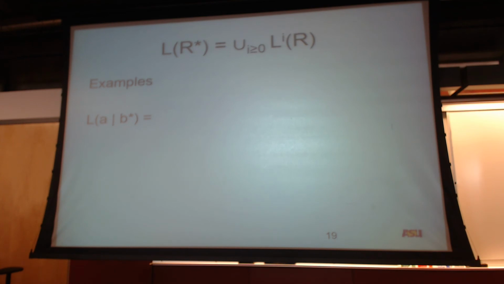B. So you have epsilon, you have B. Then you have to compute the union with L of B dot L of B, which means what is that? BB. That is the set that has BB. Then L of B dot L of B dot L of B. That is BBB. So what you have is this: A comma epsilon comma B, BB, BBB and so on. What is this one?